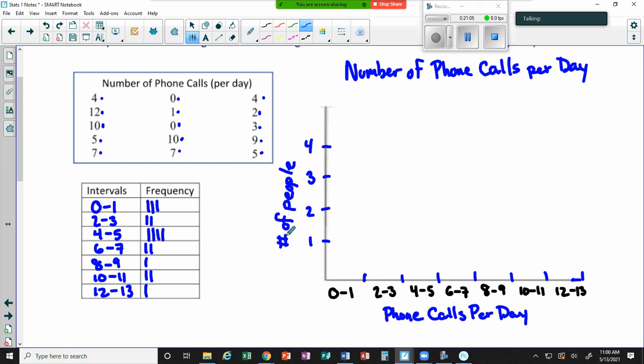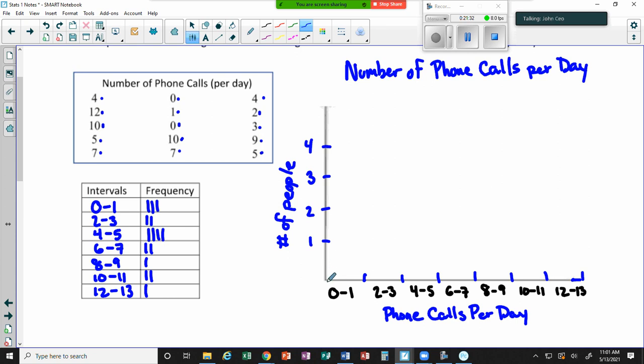You can just do 1, 2, 3, 4. If it was like 40, I probably wouldn't put 1 to 40 on there. I would probably put some interval there too, right? So like, you know, 1 to 10, 11 to 20, so on and so forth.